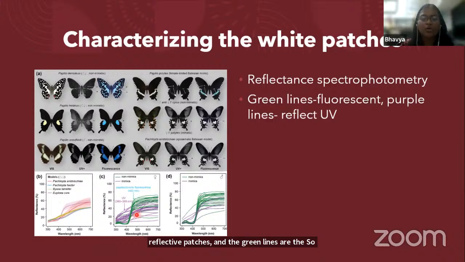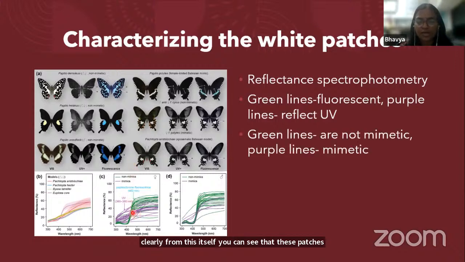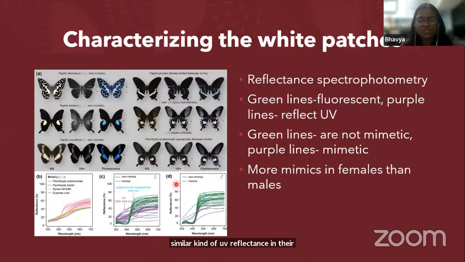On top of that, we also noticed that these green lines are mainly associated with non-mimetic individuals or species, and these purple lines are present in the mimetic individuals as well as the models, which have a similar kind of UV reflectance in their white patches. Furthermore, as an interesting point, this is a panel of the female butterflies, and this is a panel for the male butterflies.